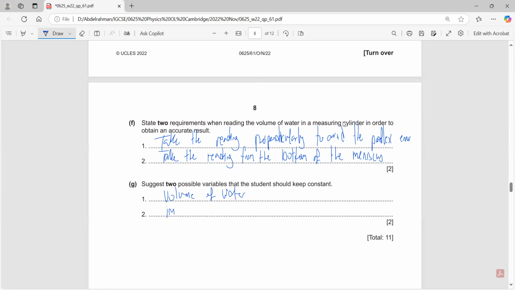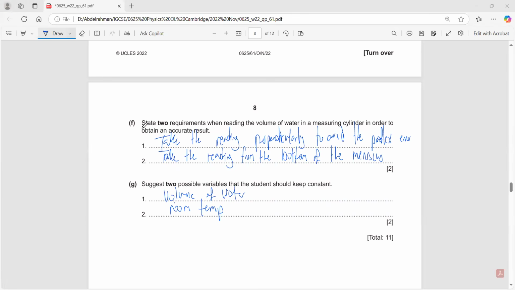So two possible variables would be the volume of the water and the room temperature. I know that most of us are used to saying initial temperature of water. Material of the container wouldn't be wrong.